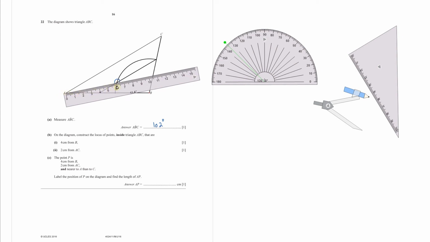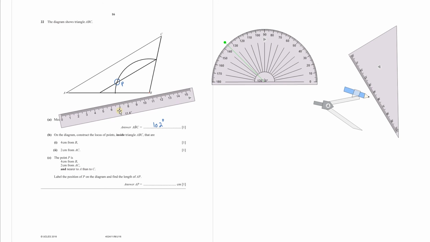So your length AP, from point A till point P, which is the intersection of these two loci, is 6.2 centimeters. So I can write it here as 6.2 centimeters.